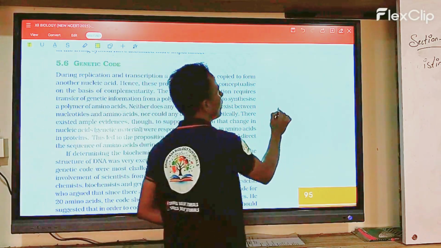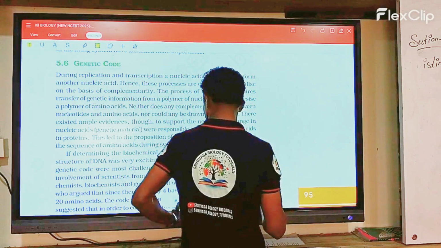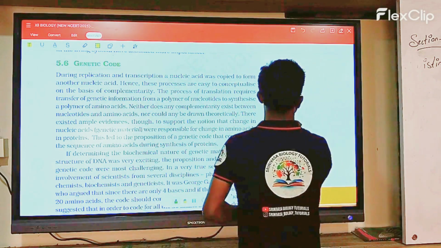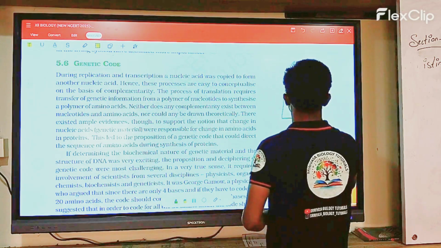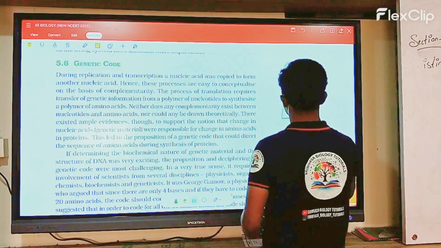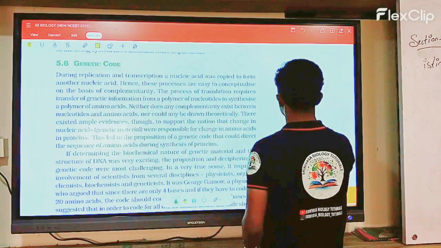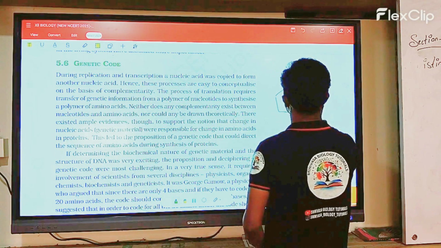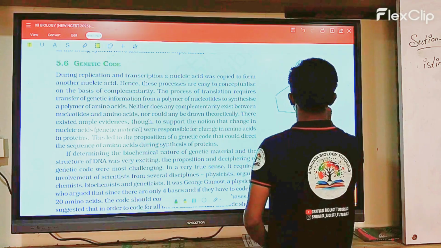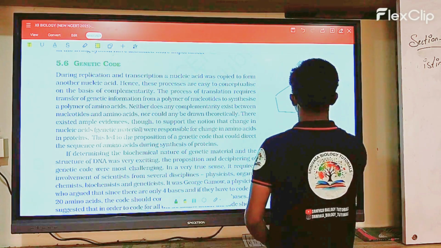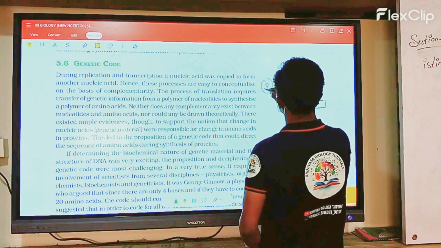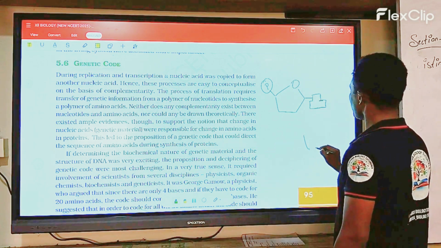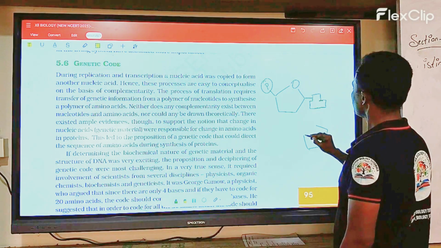For example, here they have one nucleic acid, and the information gets passed into another nucleic acid.